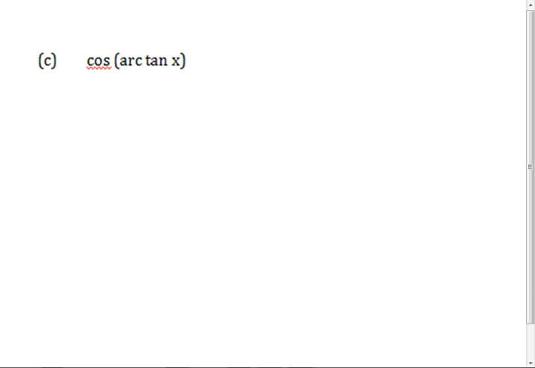One over the square root of 1 plus x squared? Do I need to do it? Okay, so this is theta. Okay, the tangent of theta is, Grant, what's the tangent of theta? No, it's x over 1.